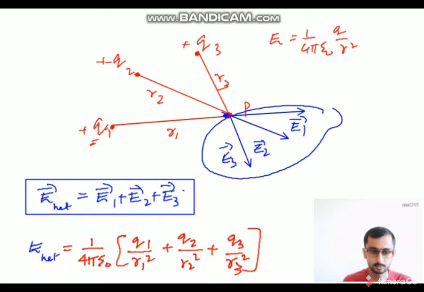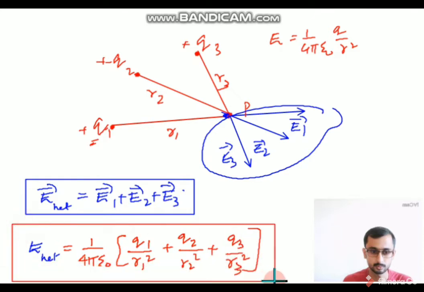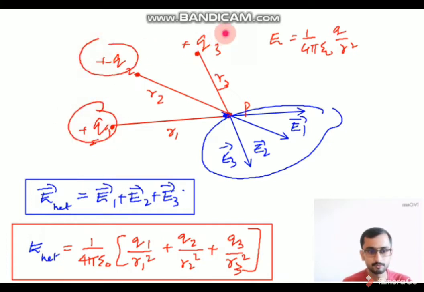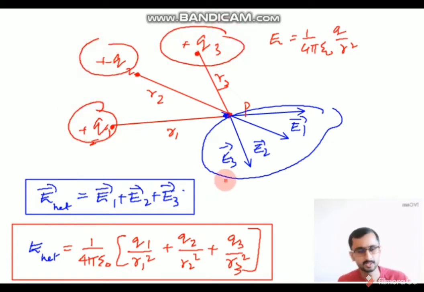So this gives the expression for the net electric field at the point P due to these three charges. Like this, if you have n number of charges, you can continue up to qn by rn square. I hope now it is clear.